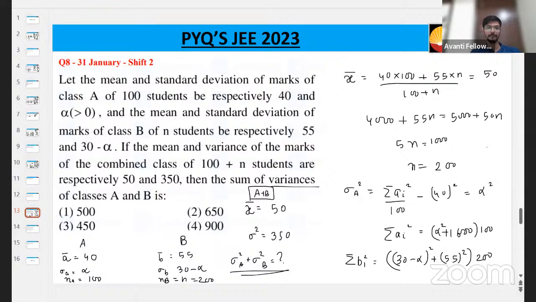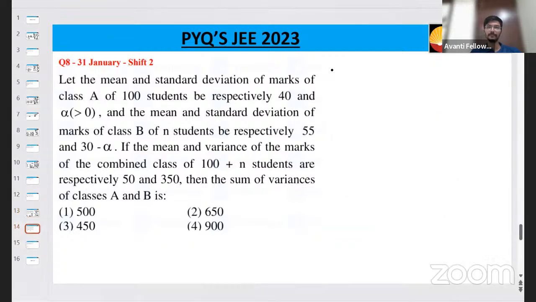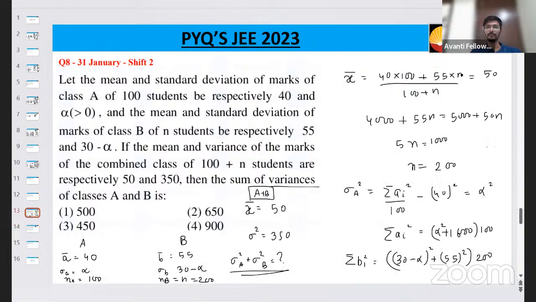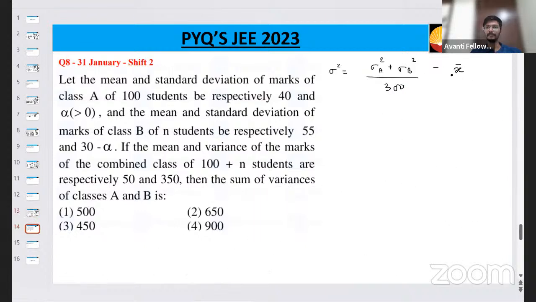Yes. Now, the combined variance will be equals to sigma a square plus sigma b square upon 300 minus the combined mean ka square. Am I correct, guys? Just a second.